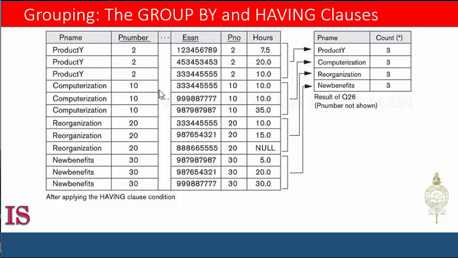Computerization had 3 employees. Reorganization had 3 employees. And new benefits had 3 employees. Now, what would have also been displayed would have been the project number, but it is not being displayed in this particular graphic. But that query would have pulled the project number and the project name and the total number of employees in each project.